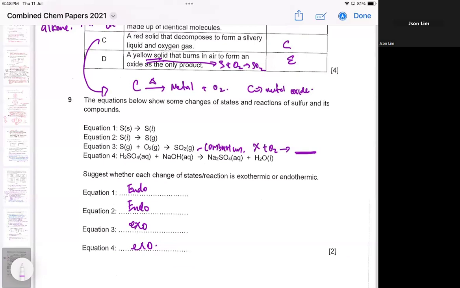Anyway, number 4, you all should recognize it as neutralization. Neutralization is exothermic also.